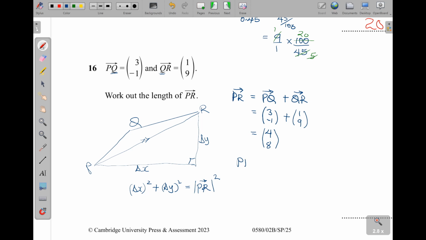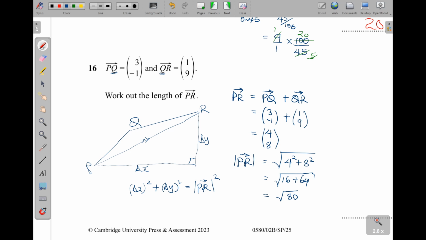So the length of PR is going to be the square root of 4 squared plus 8 squared. 4 squared is 16, and this is 64, so we shall have 80. I can leave my answer as root of 80. This is a non-calculator paper, just leave it as root of 80.